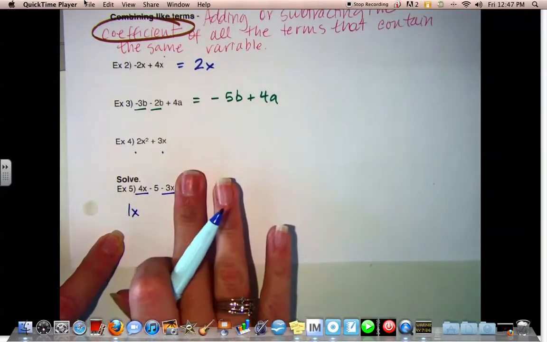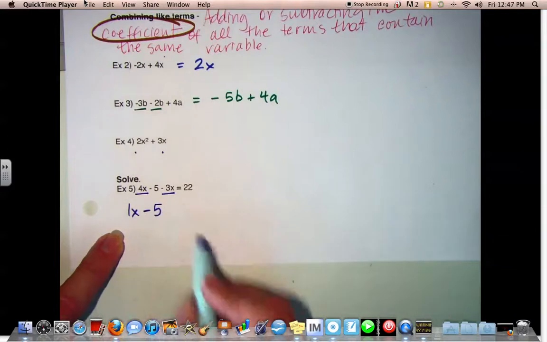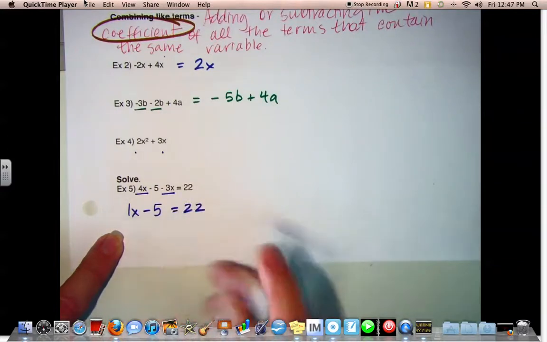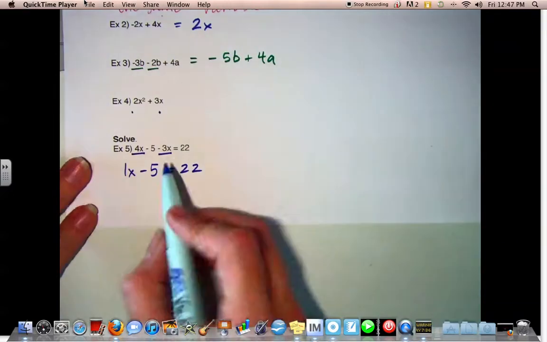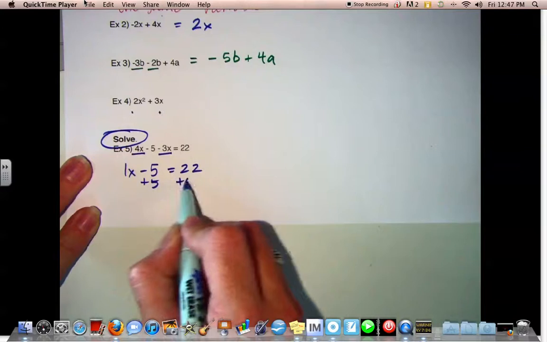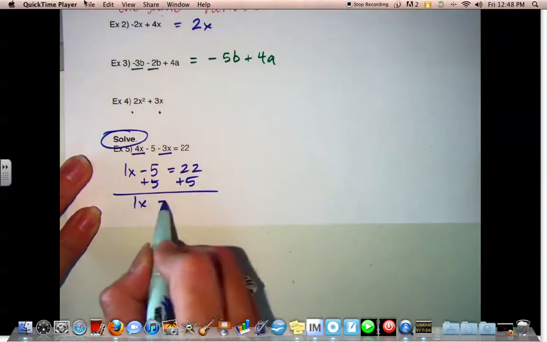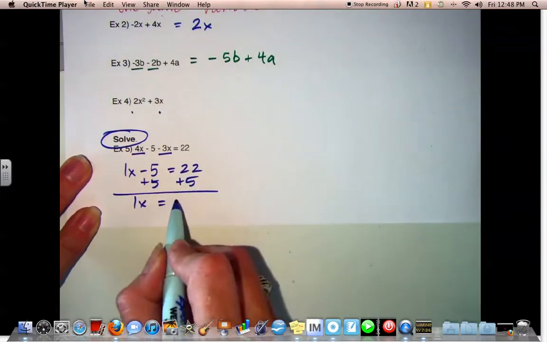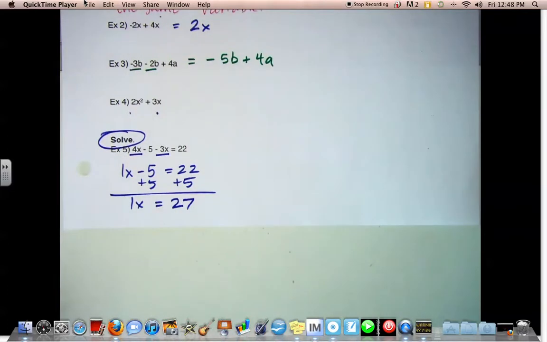What do we have remaining on the left-hand side? Minus 5 equals 22. What's our next step to solve? Add 5. So 1x equals 27. Very good.